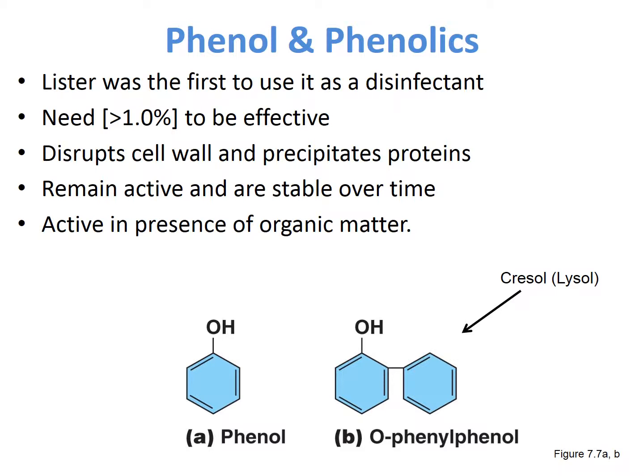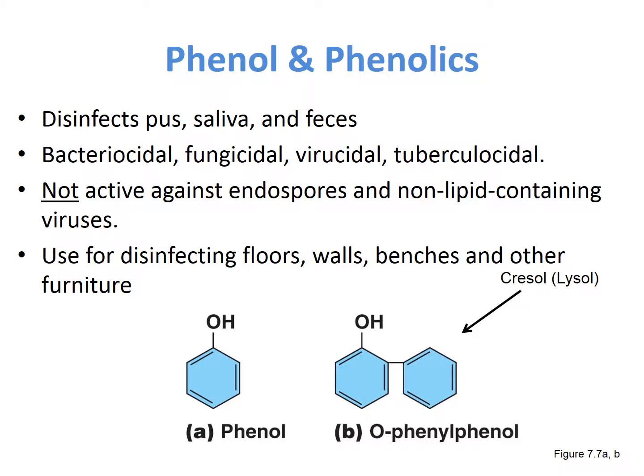So you could use them to clean up or disinfect pus, saliva, fecal matter, vomit, etc. As far as effectivity, your phenols and phenolics tend to be effective against bacteria, fungi, viruses, and mycobacteria. These are not effective against endospores and non-enveloped viruses. So these are not sterilants, they are disinfectants.